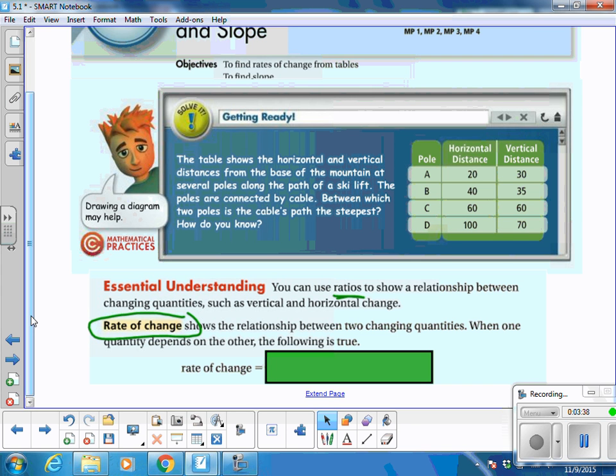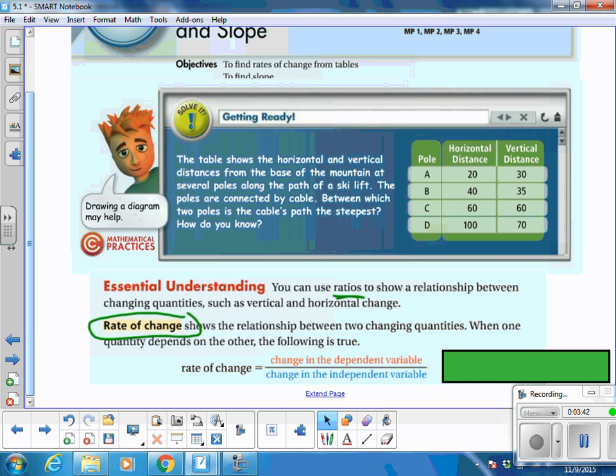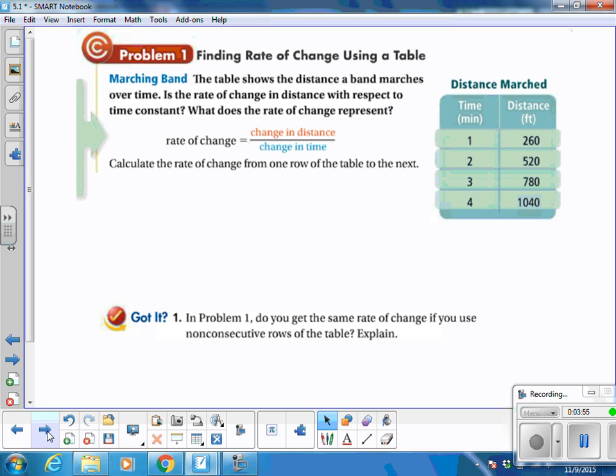When one quantity depends on the other, the following is true. So our rate of change is the change in the dependent variable to the change in the independent variable. So as one changes, so does the other. It's our job to go ahead and find that pattern and indicate that as a ratio. So we're going to find the rate of change using this table right here.